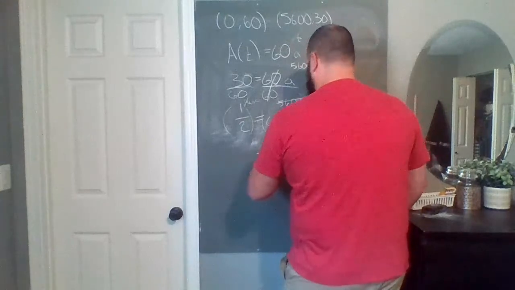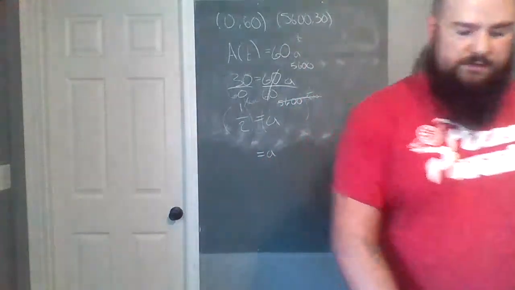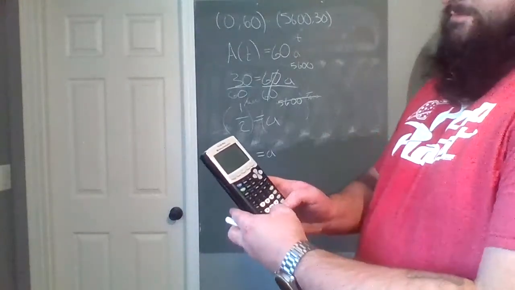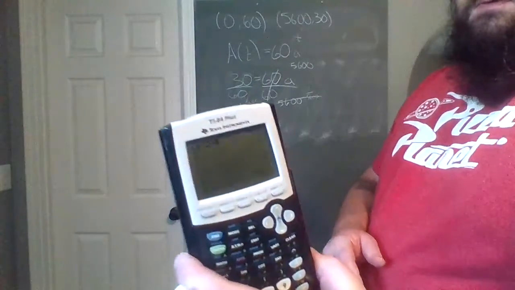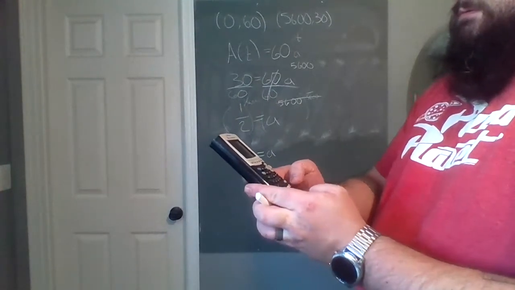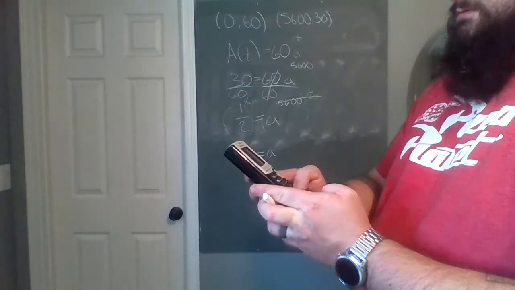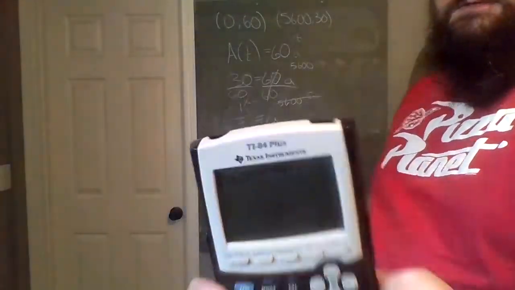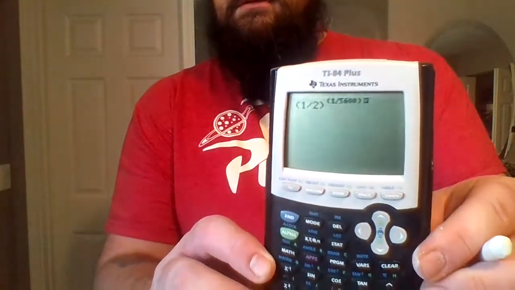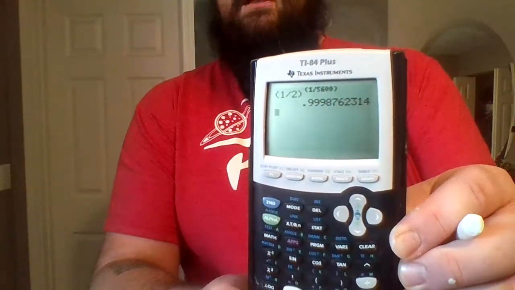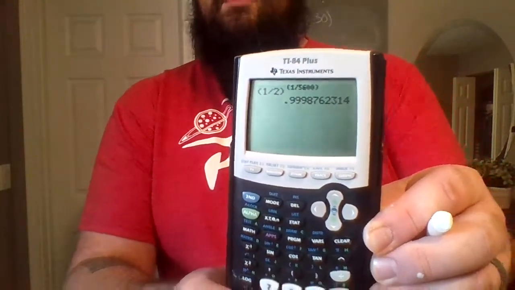And we get a equals, let me get my calculator. So we have 1/2 raised to the 1 over 5600, and then we just hit enter. 0.999876231.